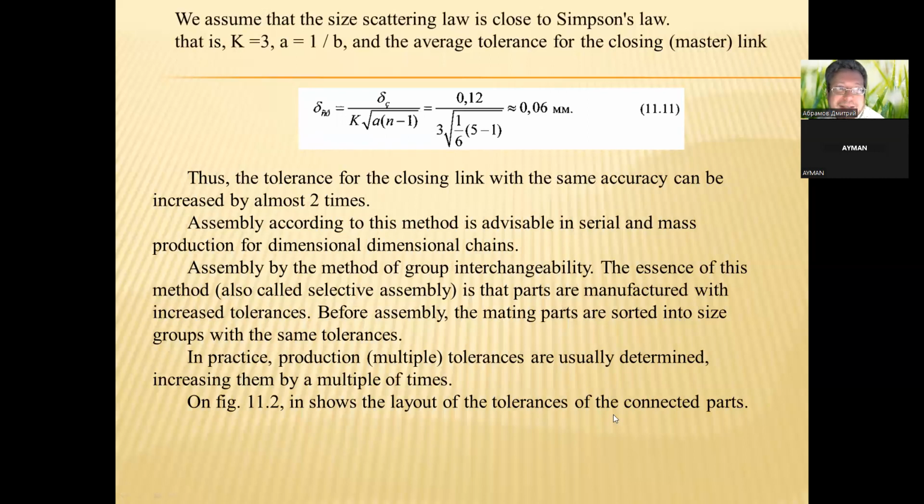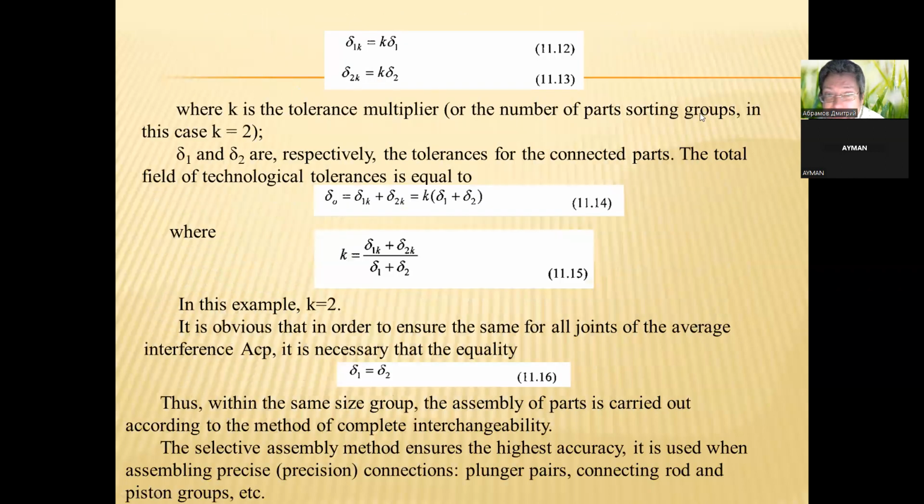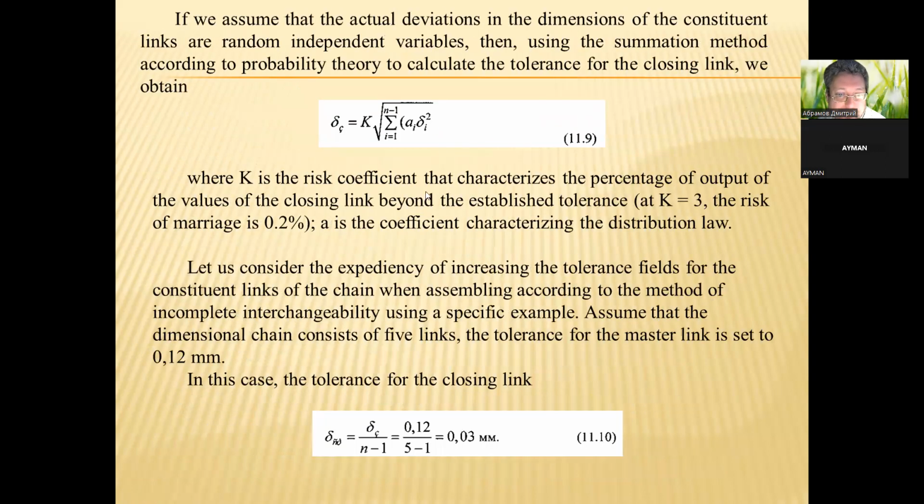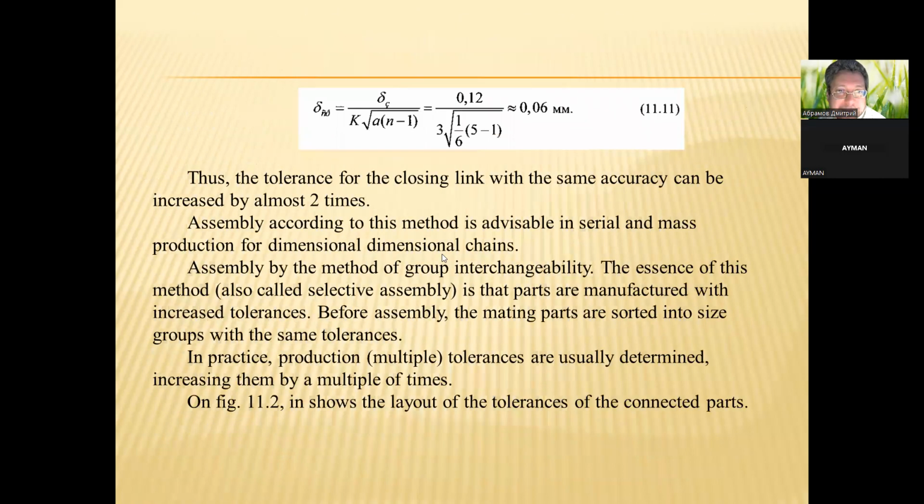We assume that the size scattering law is close to Simpson's law. That is, K is equal to 3, A is equal to 1 divided by 6, and the average tolerance for the closing or master link, we use the formula like 11.9, and we have delta equal to 0.06 millimeters.